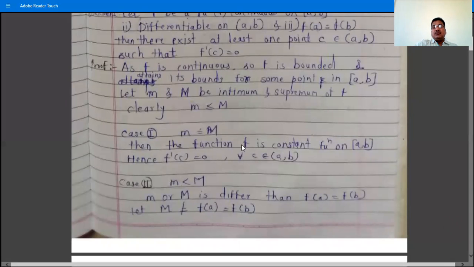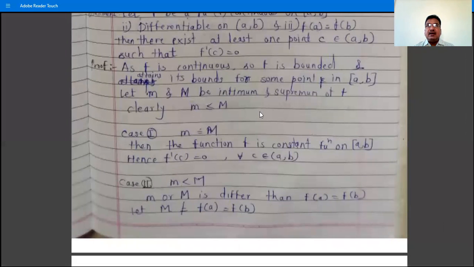Because for the set of images, small m and capital M, that is the infimum and supremum, are the same, therefore f is a constant function. Otherwise this does not happen. For example, if f(x) is equal to x plus 2, then the image of 1 is 3, the image of 2 is 4, the image of 3 is 5.